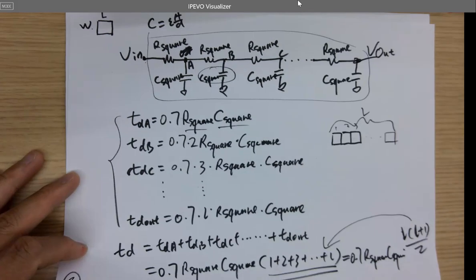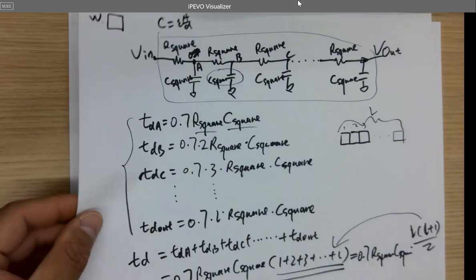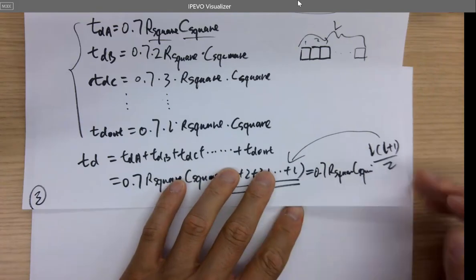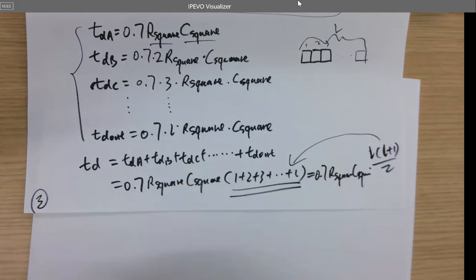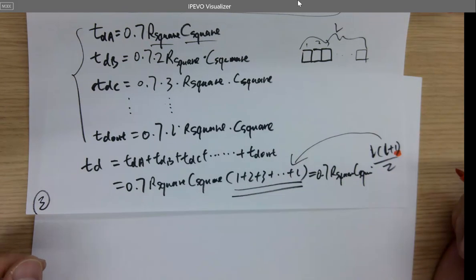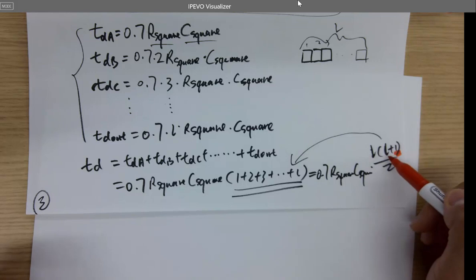If L is pretty big, like over 10, this little 1 here becomes insignificant. Agree with that? Let's not say 10, let's say 100. Like L is 100.